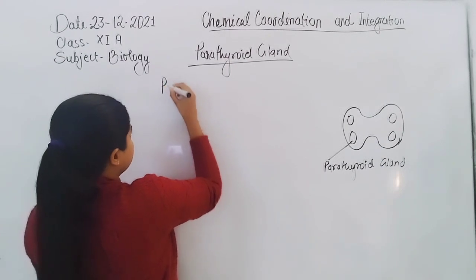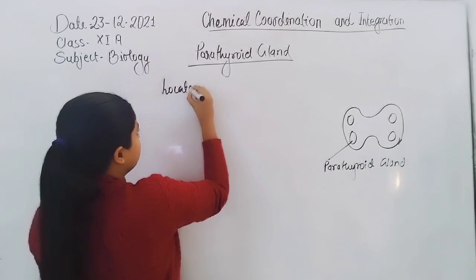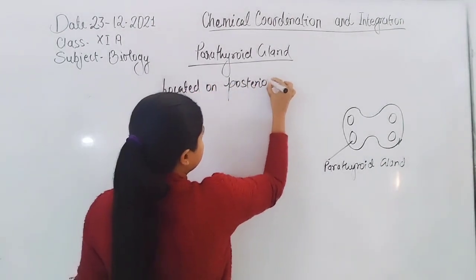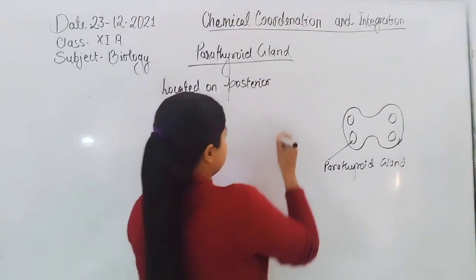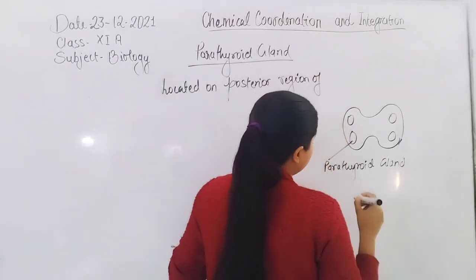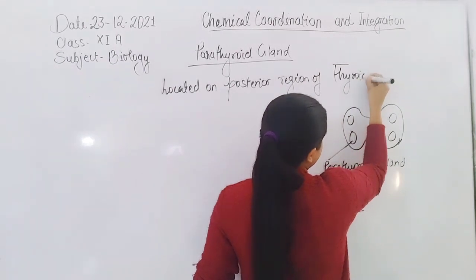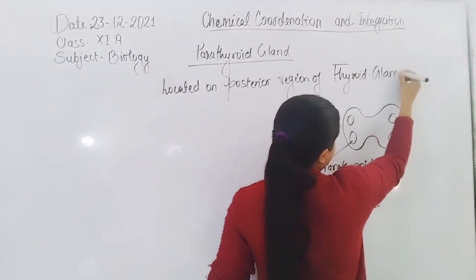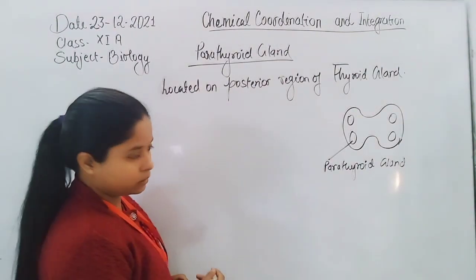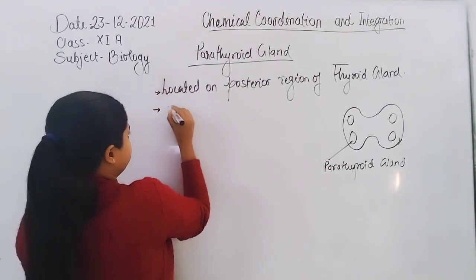It is located on the posterior region of the thyroid gland, four in number.